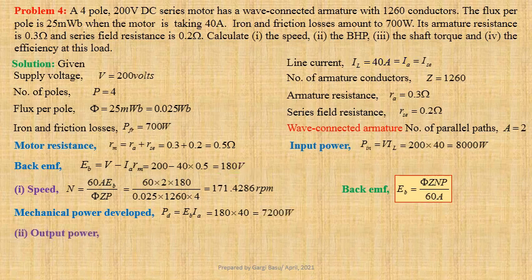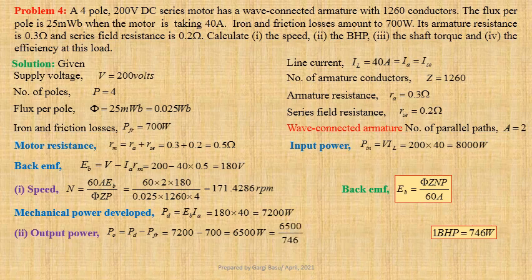Output power PO equals PD minus PFR, that is equal to 7200 minus 700, that gives us 6500 watts. Since 1 bhp equals 746 watts, we get PO equals 6500 divided by 746, that is equal to 8.7131 bhp.